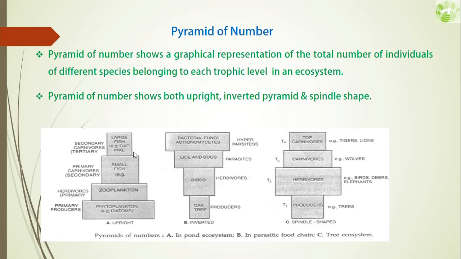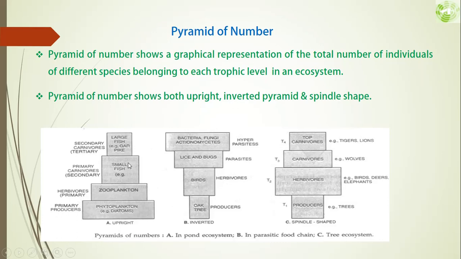The upright pyramid of number is found in the pond ecosystem, where the phytoplanktons are the primary producers, shown in a majority by a big box. Upon them, the zooplanktons, which are smaller in quantity than the phytoplanktons, survive by feeding on the phytoplanktons, and zooplanktons are the primary consumers.